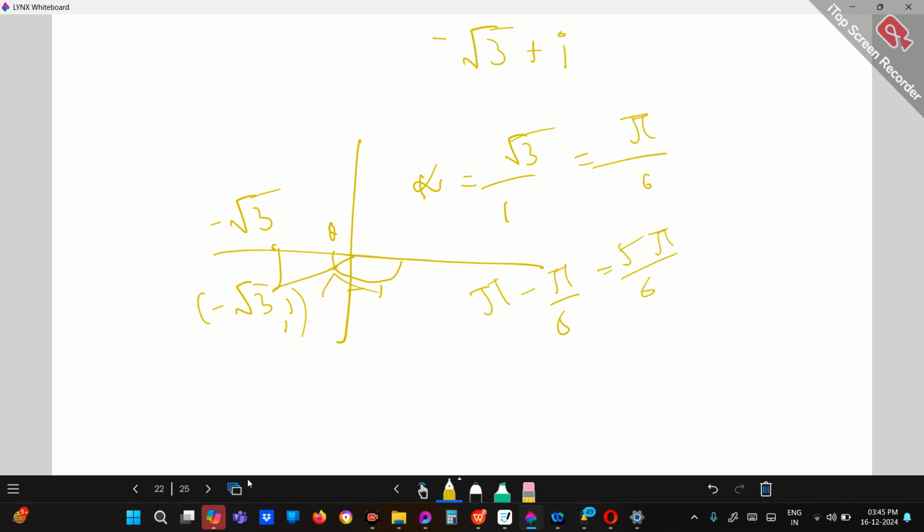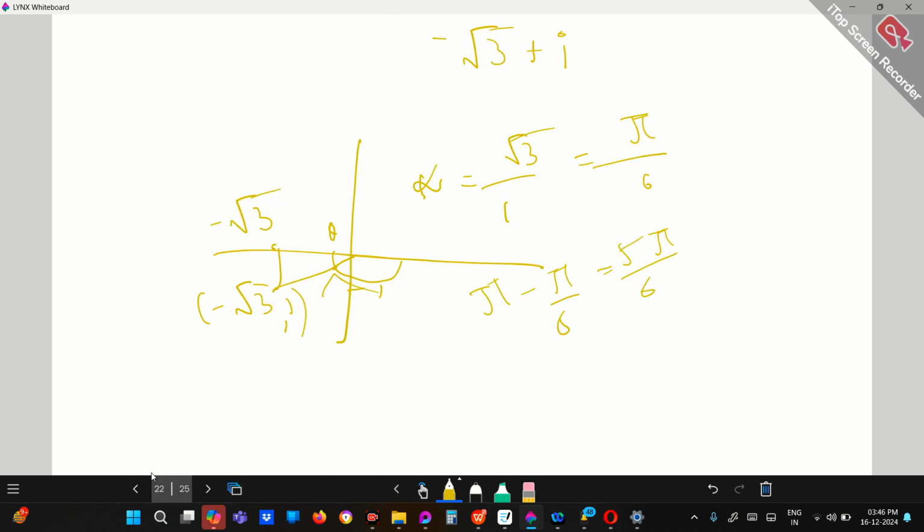Next sum, minus root 3 minus i. Yeah, second sum.